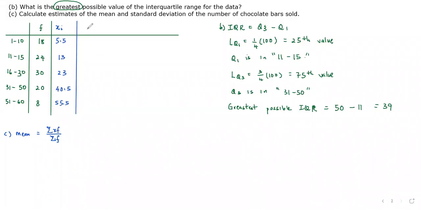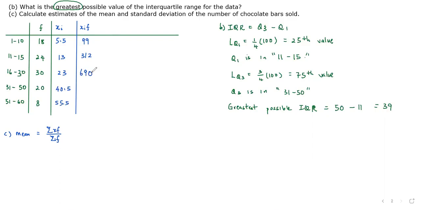To find the mean, we need to find the product of the class midpoints and the frequency. So we take 18 multiplied by 5.5, that is 99. Then 24 times 13, that is 312. And you do the same for the rest as well.